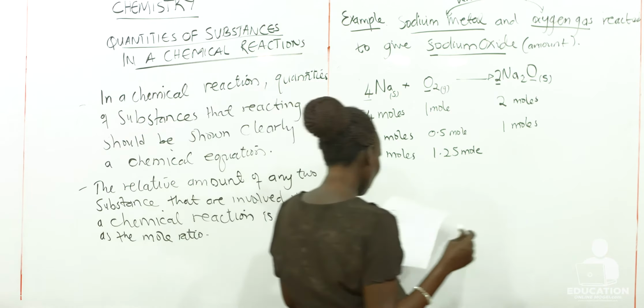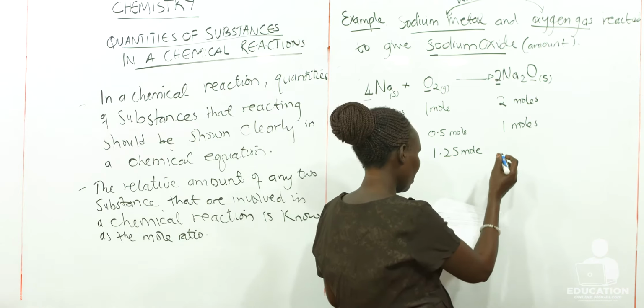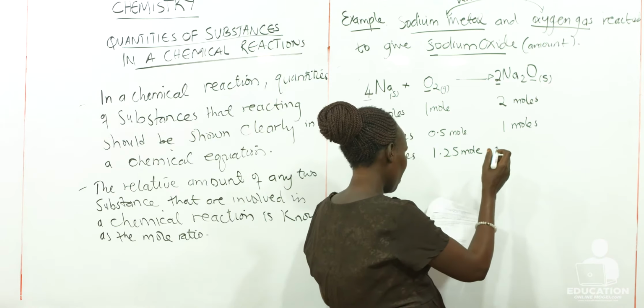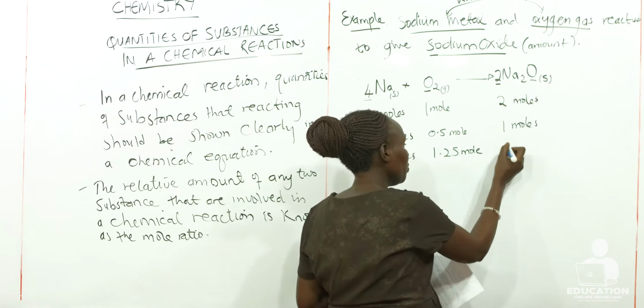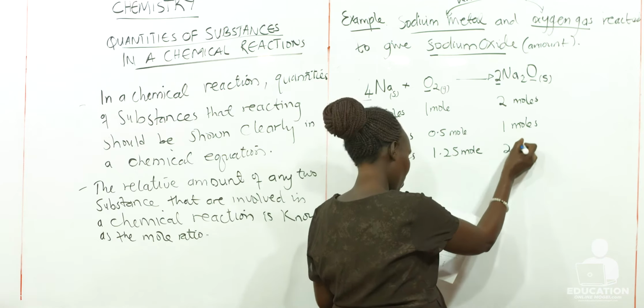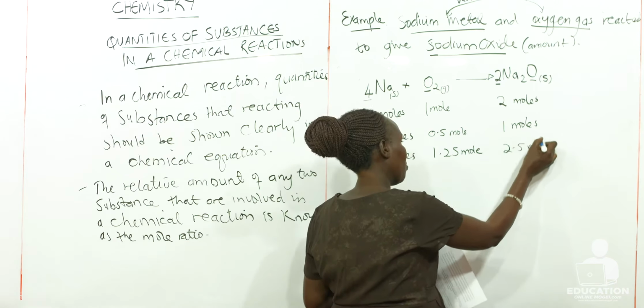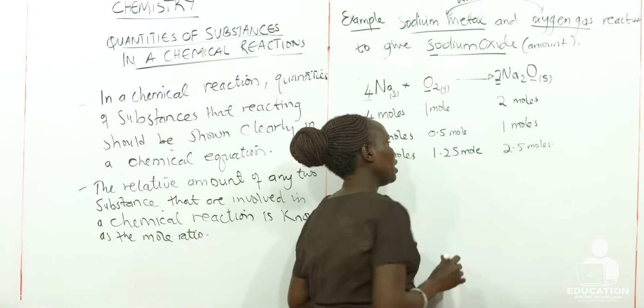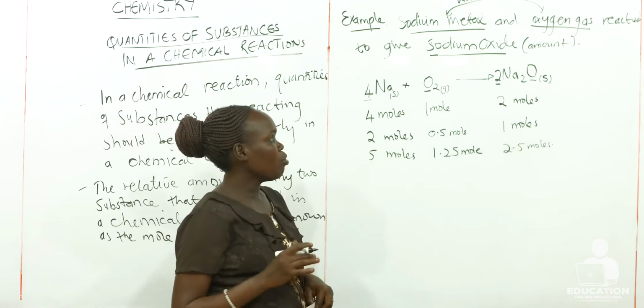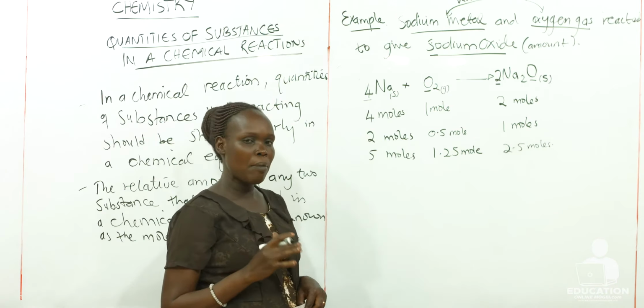On the product side, dividing 5 by 2 gives us 2.5 moles. So here we are representing the moles in various amounts.